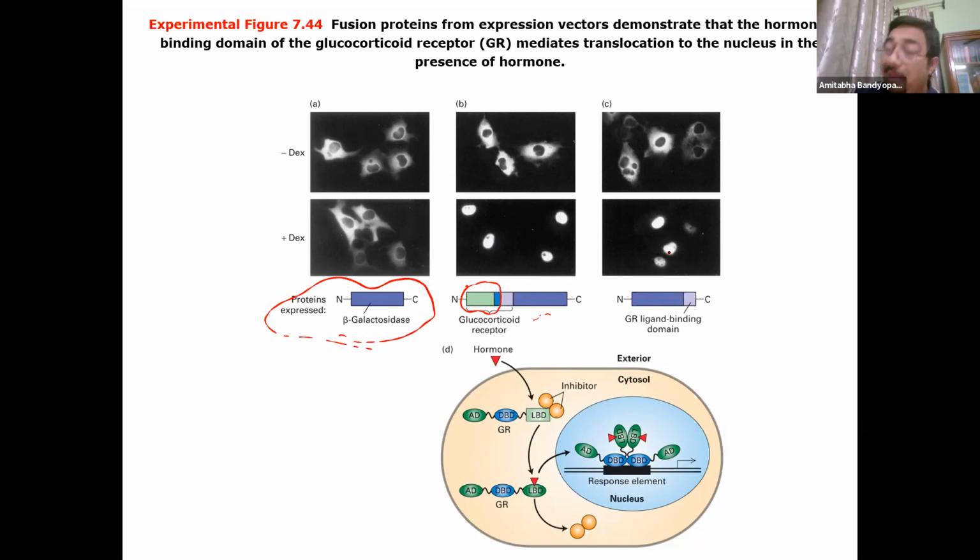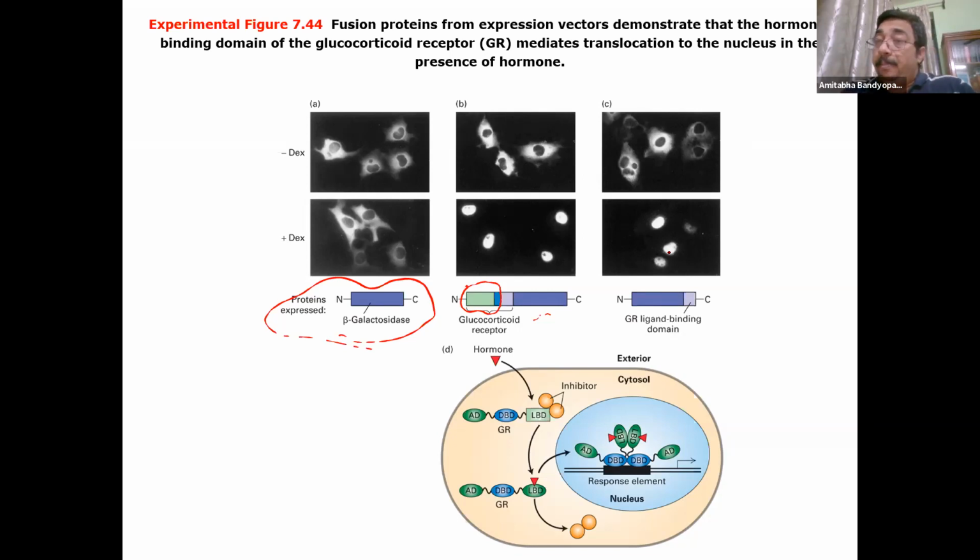What you can imagine, perhaps, since I have not gotten into the depth of it, is that this ligand binding domain has a structure such that once it binds to the ligand, whether estrogen or dexamethasone or whatever it is, a pseudo nuclear localization signal gets opened up, and the transcription factor moves to the nucleus.